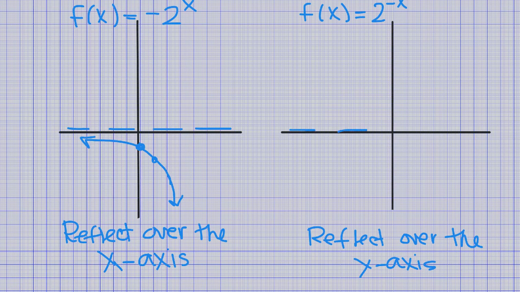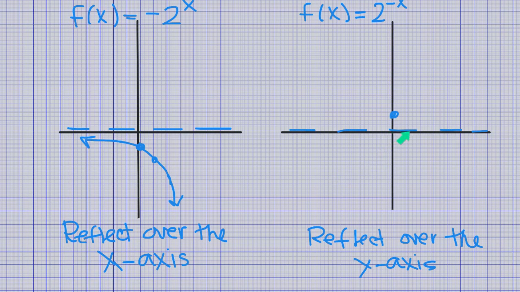So just draw it. Okay, and then the next point we look at is the (0, 1), and we're reflecting over the y-axis, and it's on the y-axis, so we don't move it at all. Stays right there. And now this one, this is the only place it's going to look different.